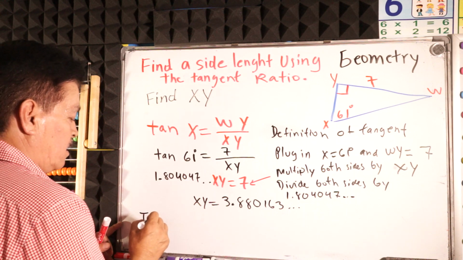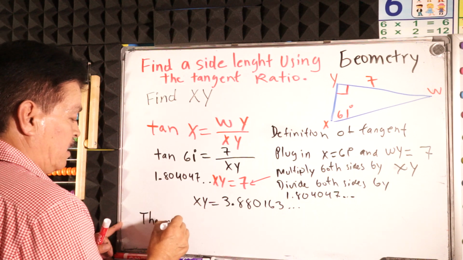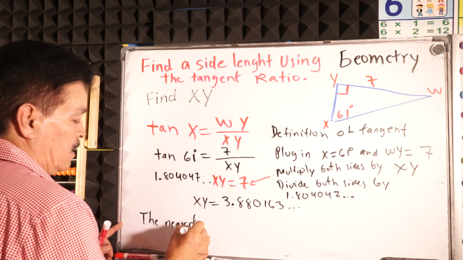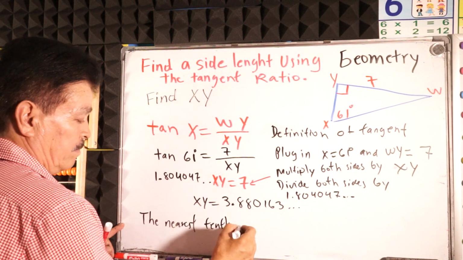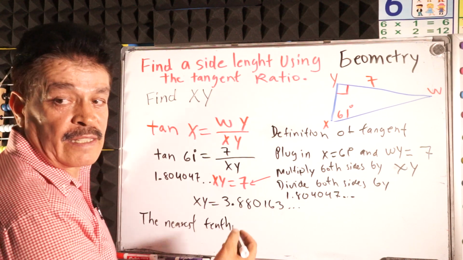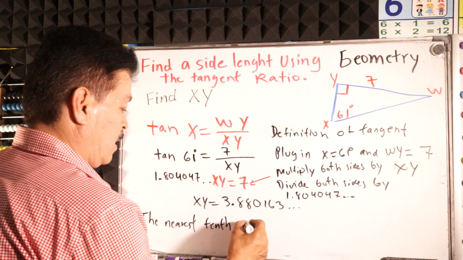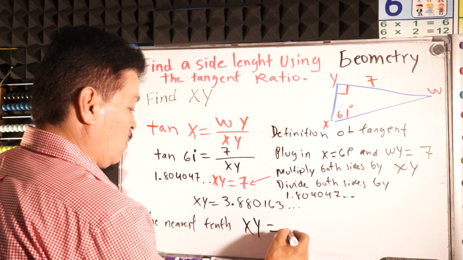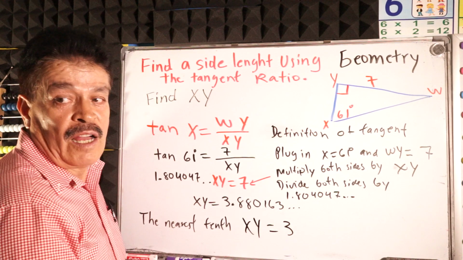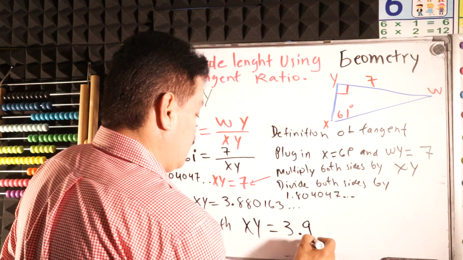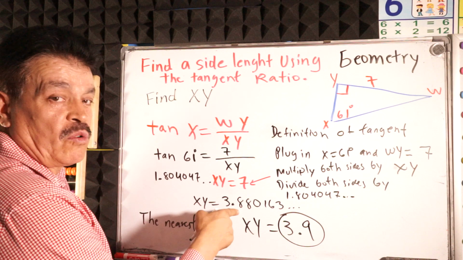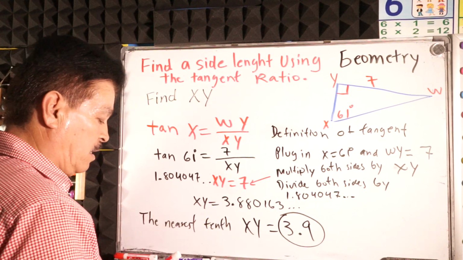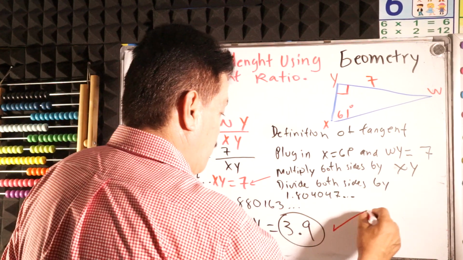It's easy. xy is equals 3.9, right? Because it's almost 3.9. So this is our answer to this problem. Okay.